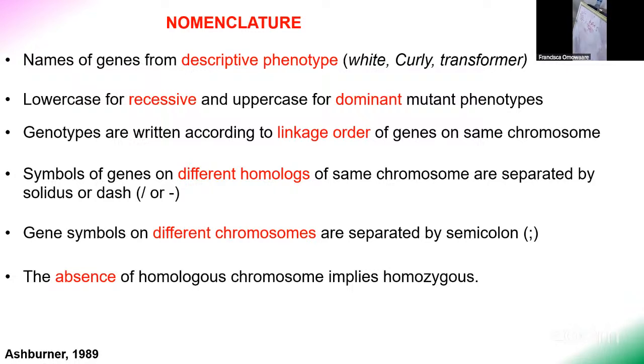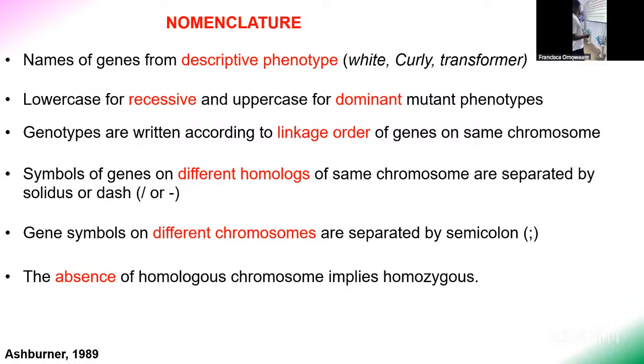So you can see the homologs are separated by a dash and the chromosomes are separated by a semicolon. You need to be able to write that when you're reporting your experiments or trying to publish your paper. Also, this is very important for others that might want to use the flies you've used, because they know this is the genotype of that fly.